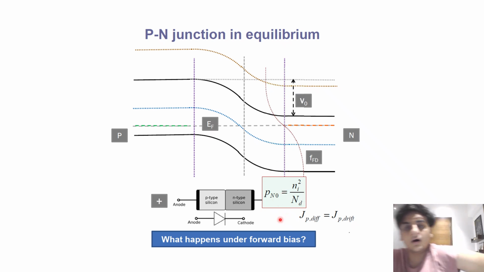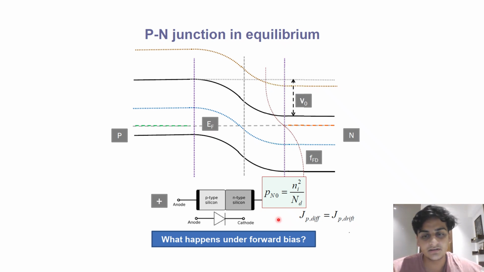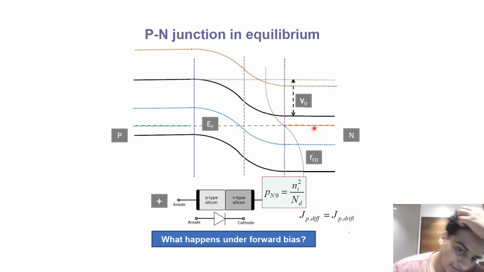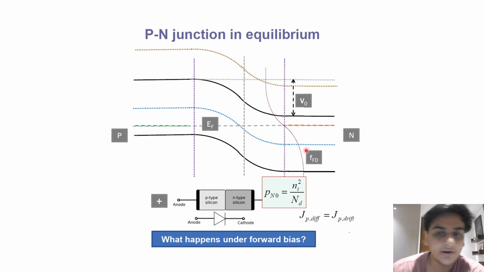For now, we're not doing anything with this information, but the reason we care about it is that the current from left to right, which we would get when we apply a forward bias, is in big part diffusion of the holes from the left side to the right side.